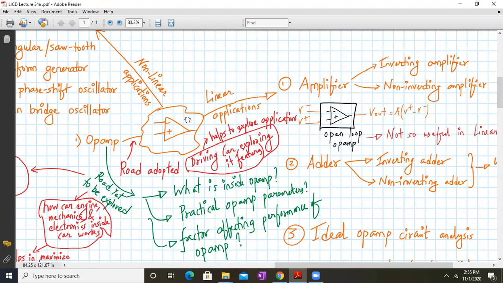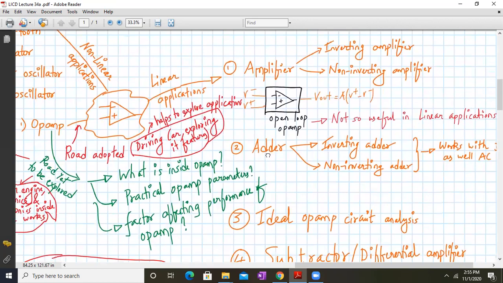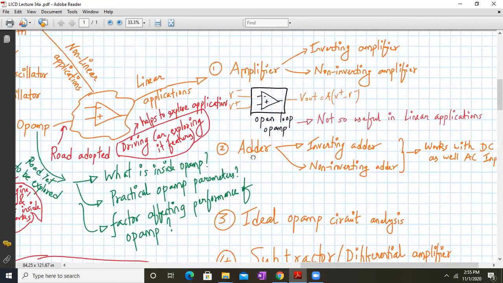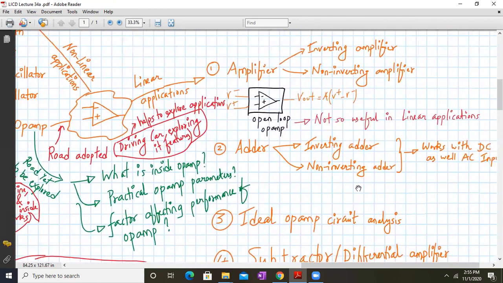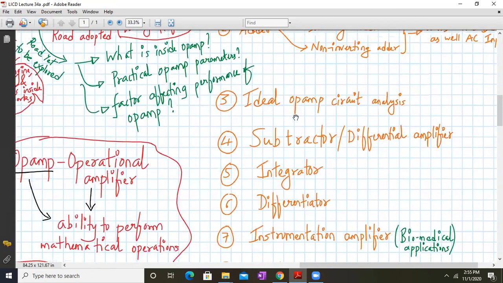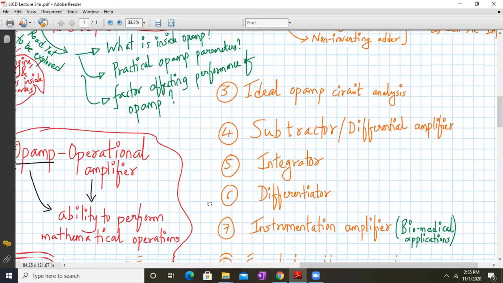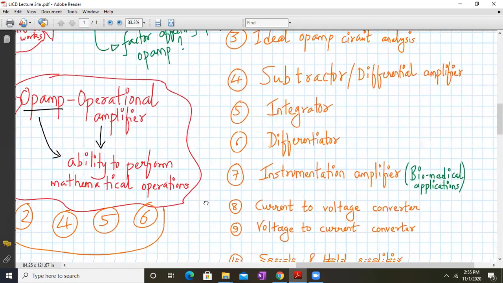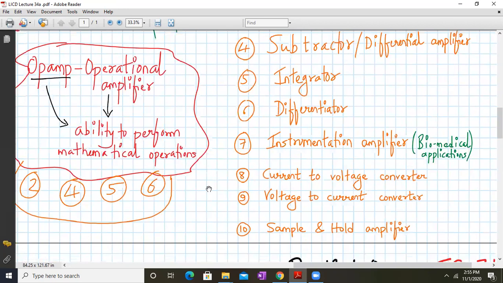So we have discussed the ideal op-amp, and based on it, numerous linear and non-linear applications. Some of them are amplifier, open loop configuration, adder, ideal op-amp circuit analysis, subtractor, integrator, differentiator, instrumentation amplifier, current to voltage converter, voltage to current converter, and sample and hold amplifier.